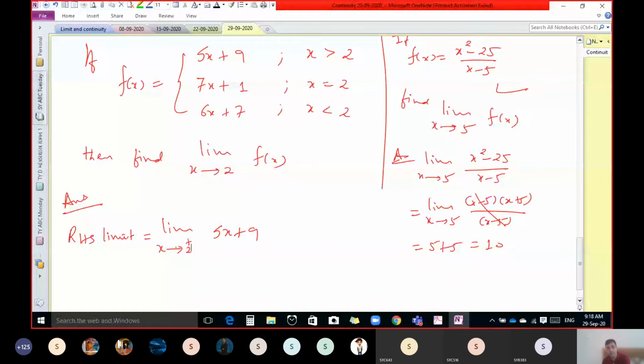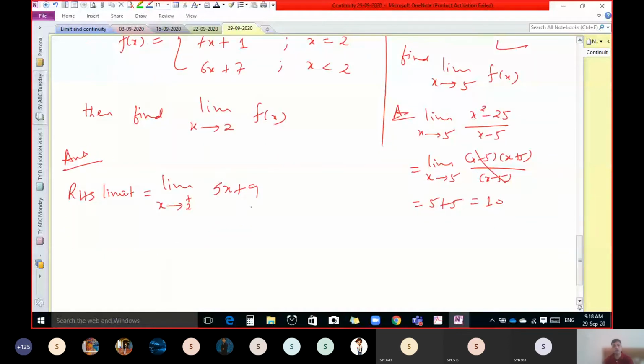After deciding the function, what do we have to do? We have to put x equal to 2. But once again, we know the value of x is nearer to 2 but not 2. Then why do we put x equal to 2 here? Any of you?